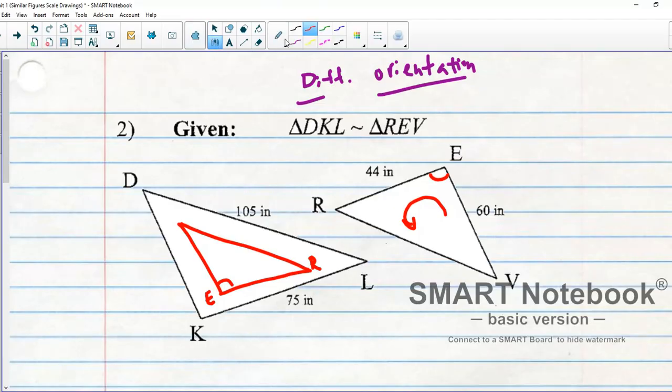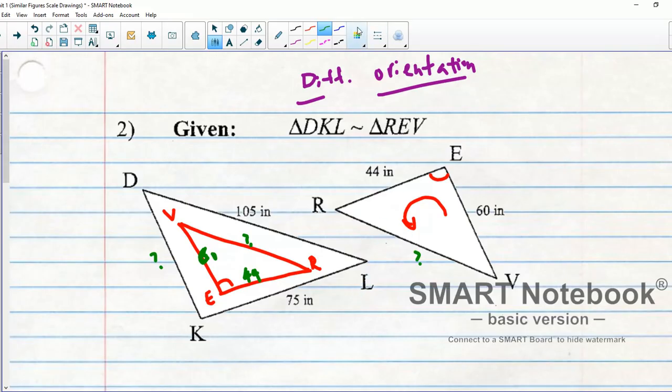That's all right. So here, rotate, that's E. R is now here, so this one must be V. RE is 44. EV is 60. So we have to find out the missing side here and here.